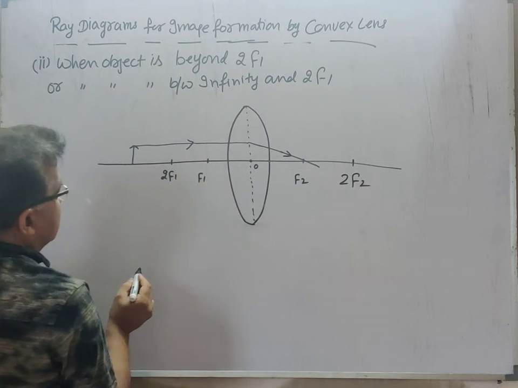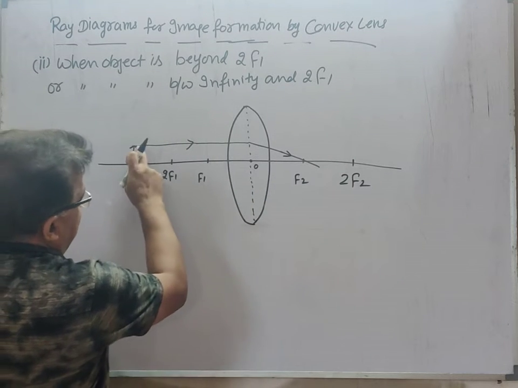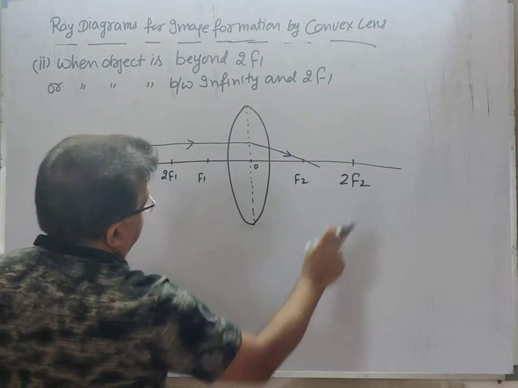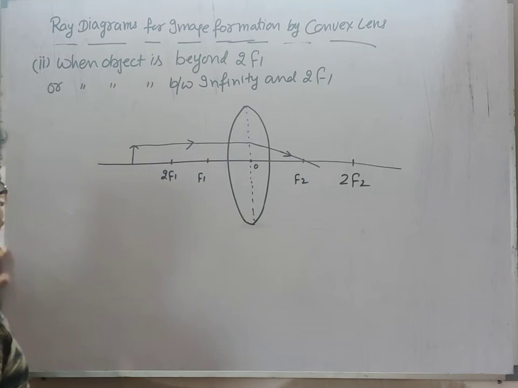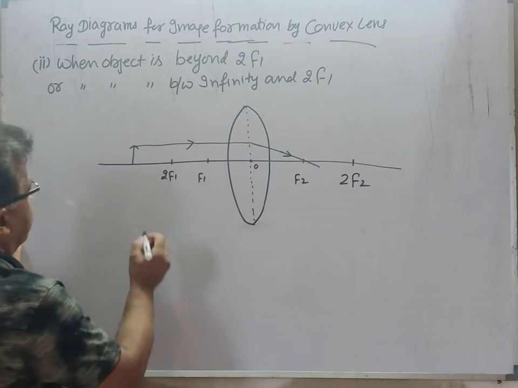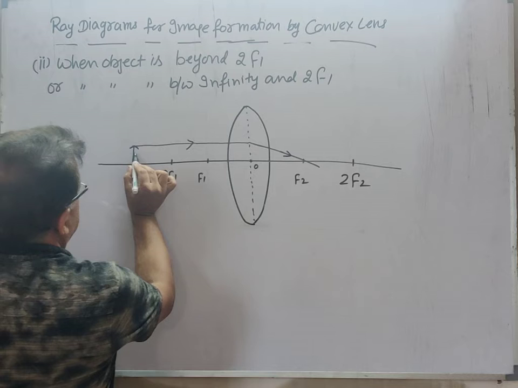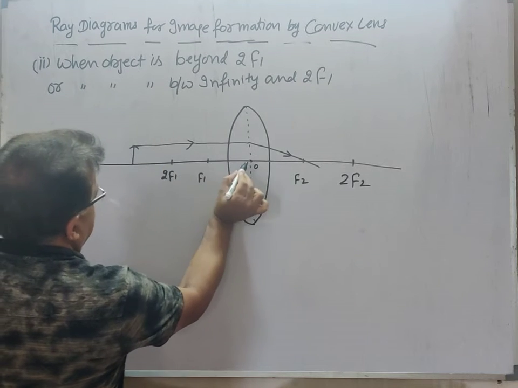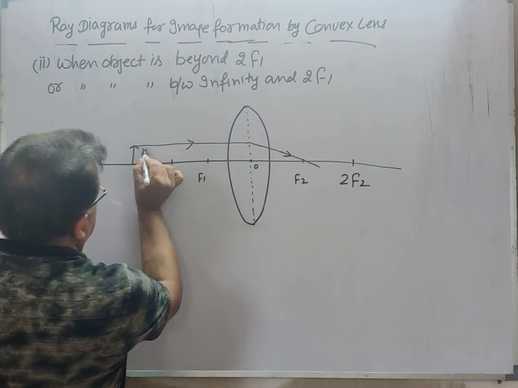Then for the second incident ray, you can show it passing through the optical center, and you will join these 2 points.